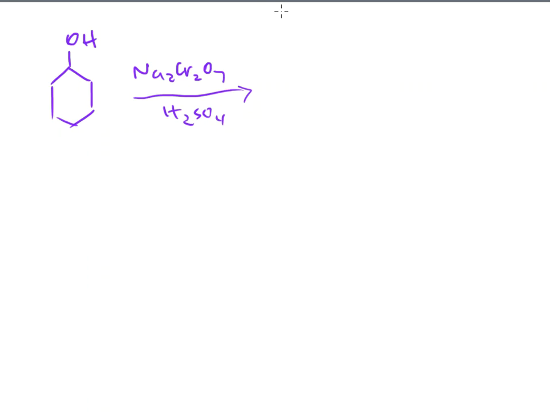Well, don't let them get you, because in these reagents I see chrome right here, and chrome means you're going to increase the number of C to O bonds. Okay, so I'll take my ring structure, and here's the OH group that's there.